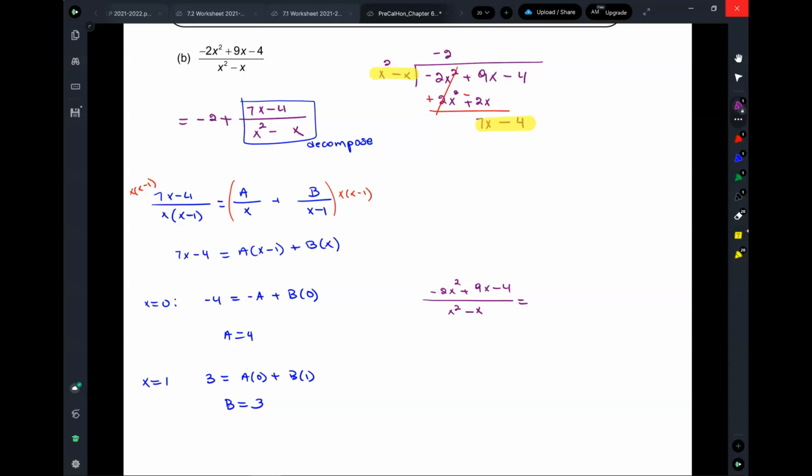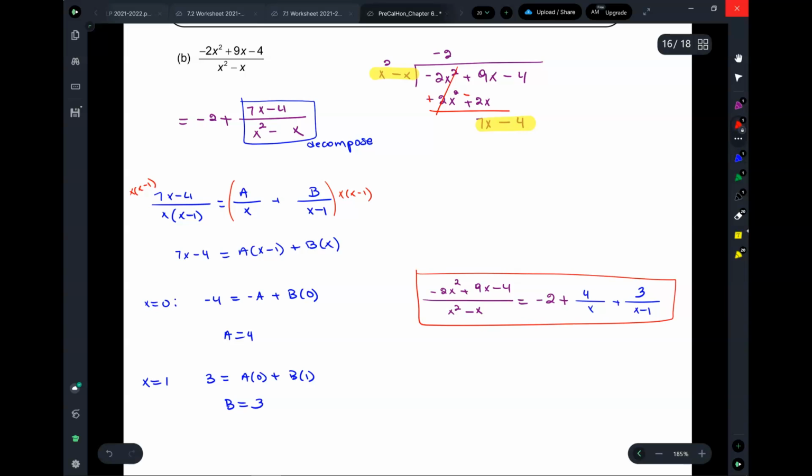You got to bring it back. Bring back the negative 2 plus the stuff that we just got, which is something over x plus something over x minus 1, and it's 4 and 3. Okay? So there you have it.